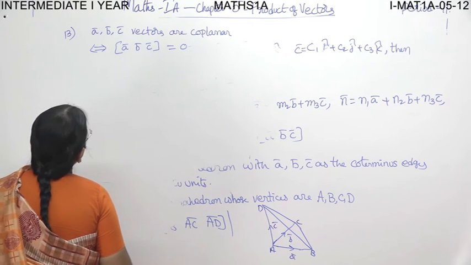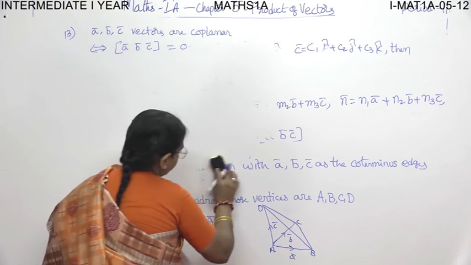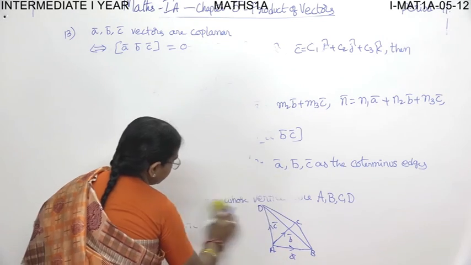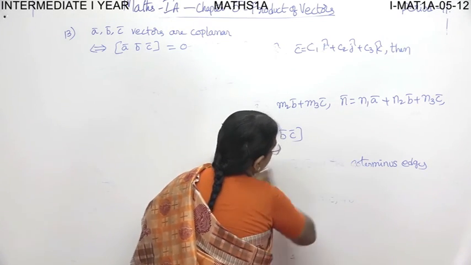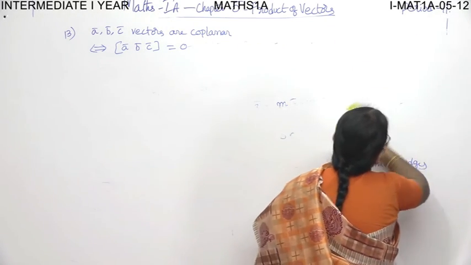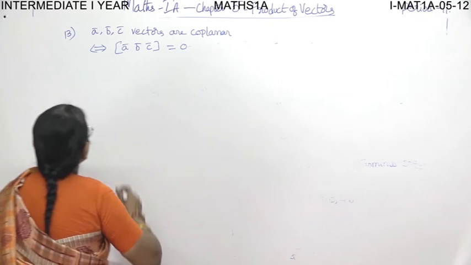So this is the next property. Okay, now we'll do the problems. One or two problems we'll do, and then we'll complete.